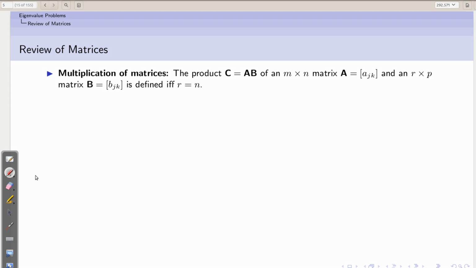Let me write down here: I have a matrix A here, and another matrix B here. Matrix A is an M cross N matrix, and matrix B is an R cross P matrix.